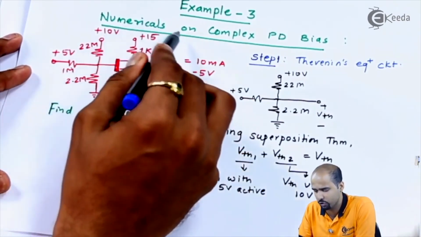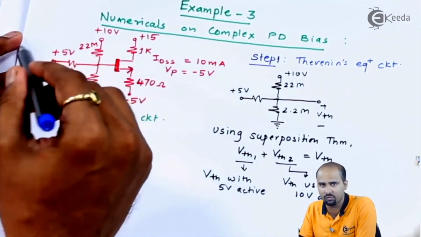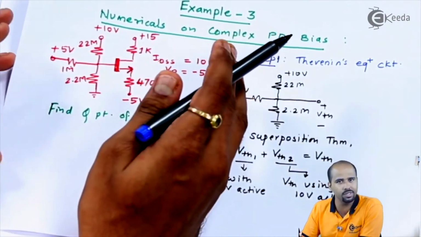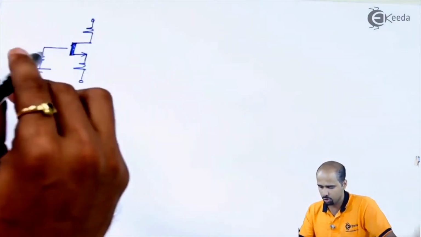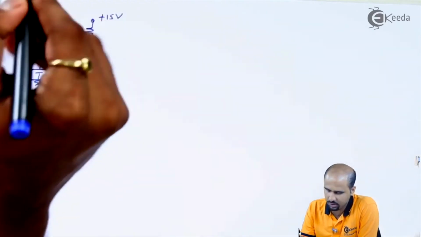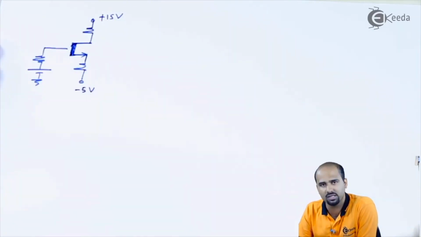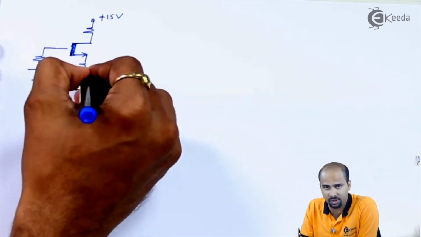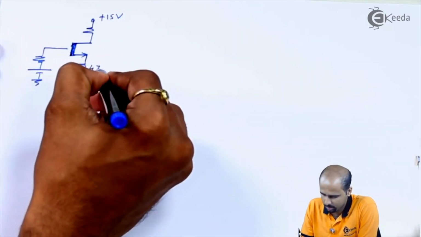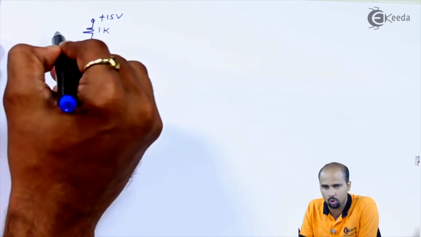So you just have to take this particular voltage, not 10 volt and 5 volt. 10 volt, 5 volt all we have replaced with the Thevenin's equivalent circuit now. Okay, so we will do this over here plus 15 volts. Here it is not connected to ground. Make sure that it is minus 5 volt as given in this equation, and this is 470 ohm which is given. This is 1 kilo ohm.